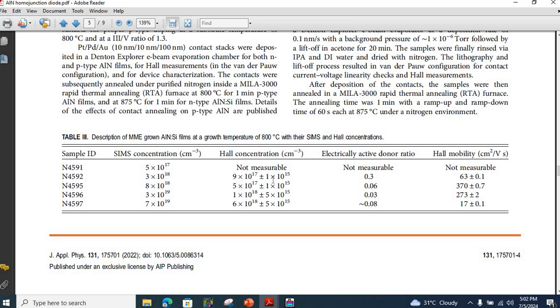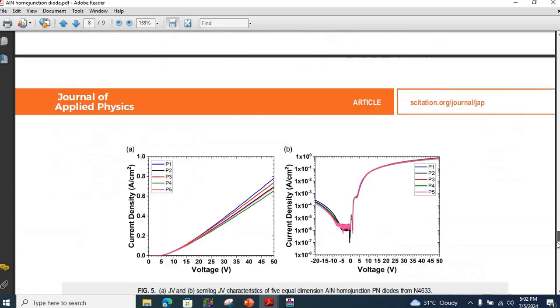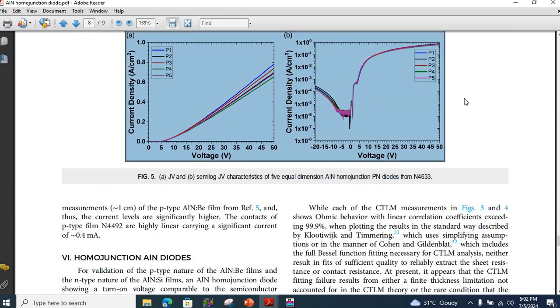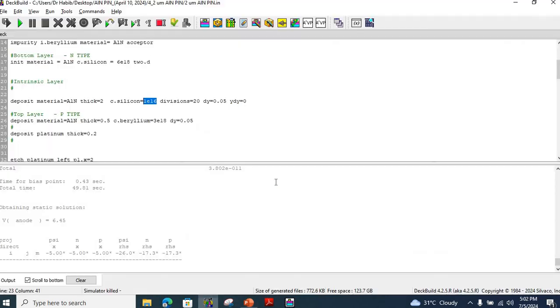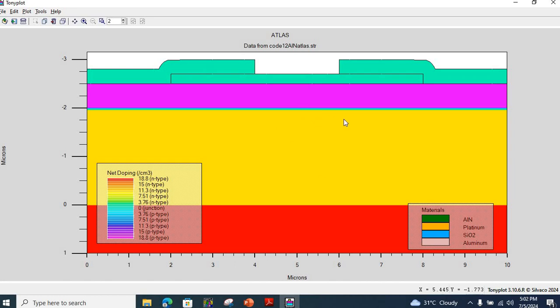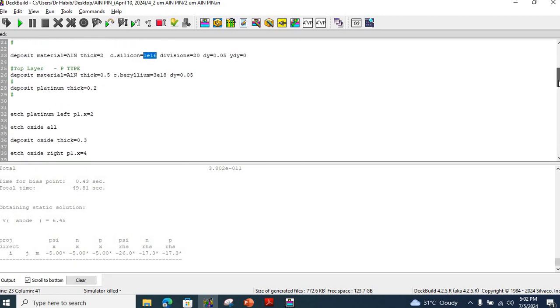So here I achieved a maximum electron concentration of 6 × 10^18 per cm³, and then we demonstrated aluminum nitride based devices as well, as you can see over here. These are one of a kind, pioneering results. Okay, so that's the reason I've chosen these carrier concentrations, to replicate the experimental results.